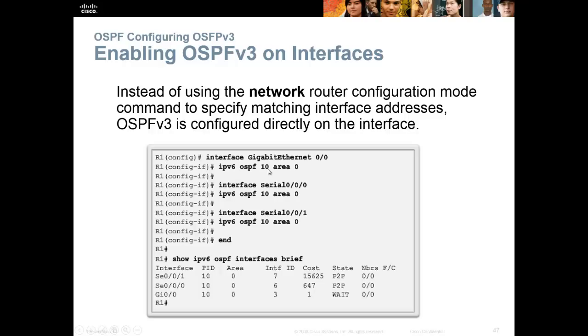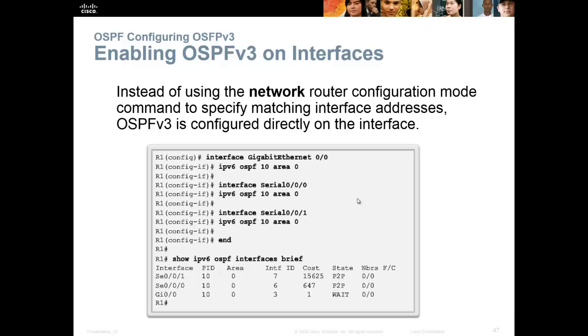So the process ID, area 0. And go to all the interfaces, make sure they're all part of the same process ID, because remember, process ID is locally significant to the router, so all the router interfaces have to be on the same process ID, and then put them all in the same area. And then boom, we're all in area 0 and we're all configured. So we do not use network statements in OSPF version 3. We physically just go to the interfaces themselves and we assign the interface to an area.